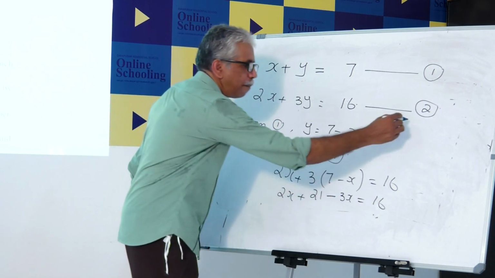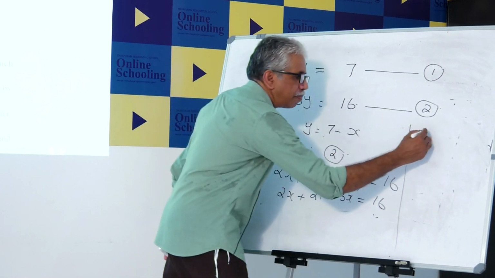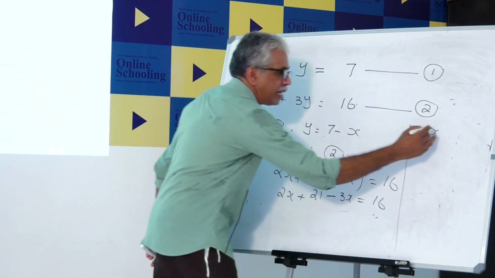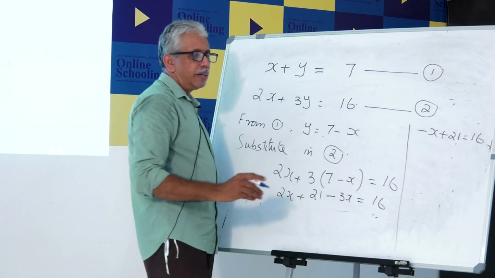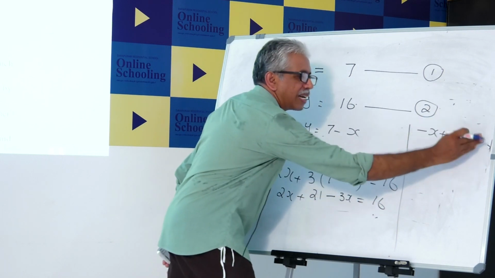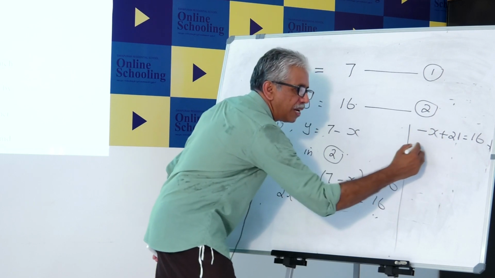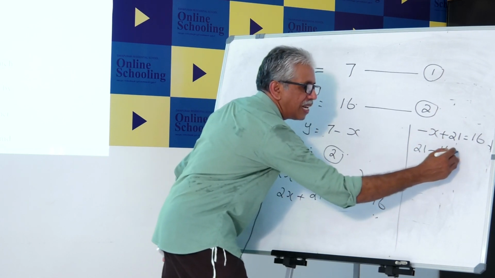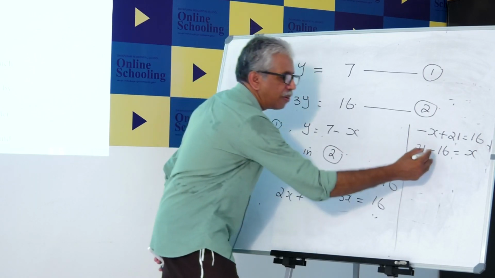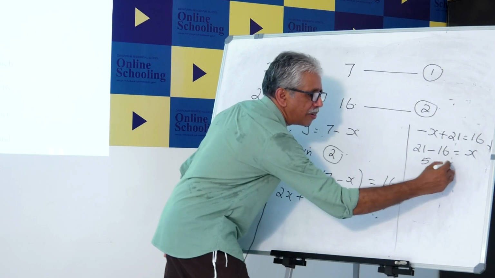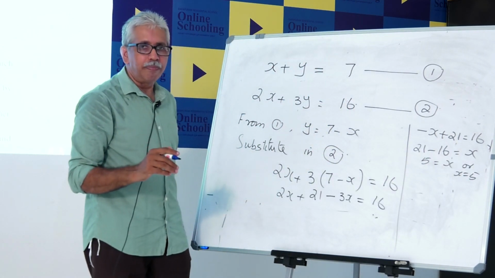So, this will give you 2x minus 3x, that is minus x, plus 21 equal to 16. So, now the minus x I am taking to the other side and 16 I am bringing here, you will get 21 minus 16 equal to x. 21 minus 16 equal to x, that is 5 equal to x or x equal to 5. So, you got the value of x.